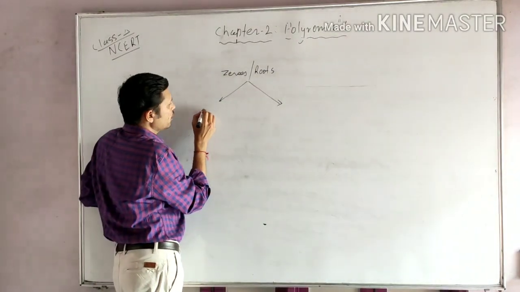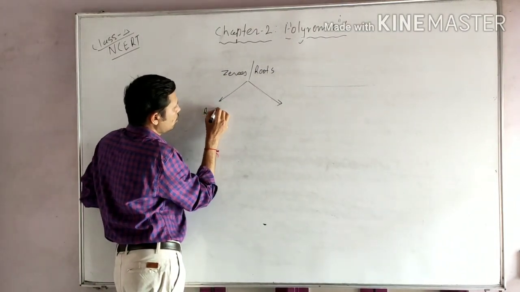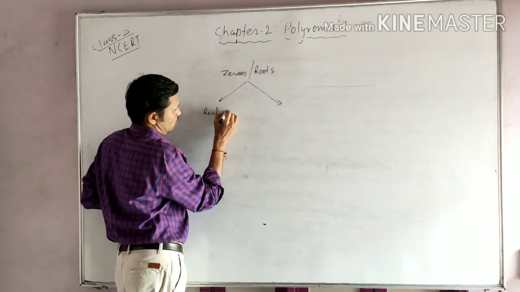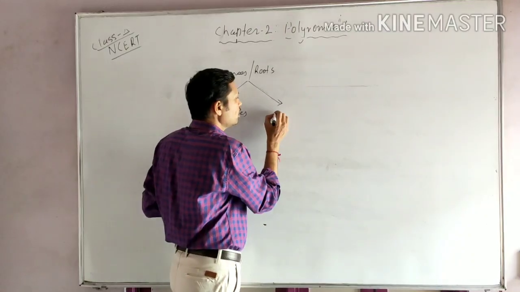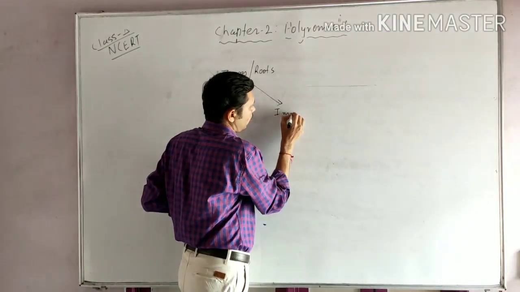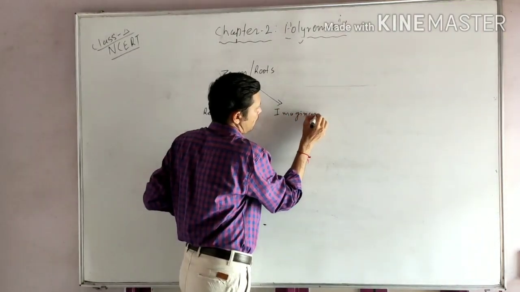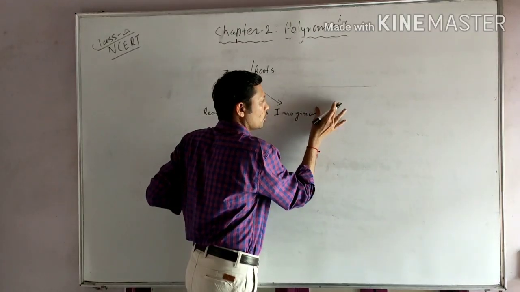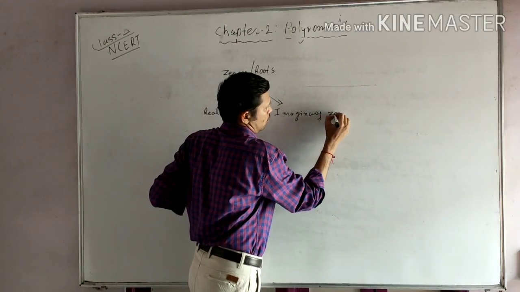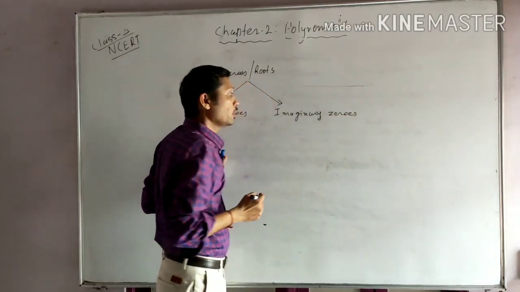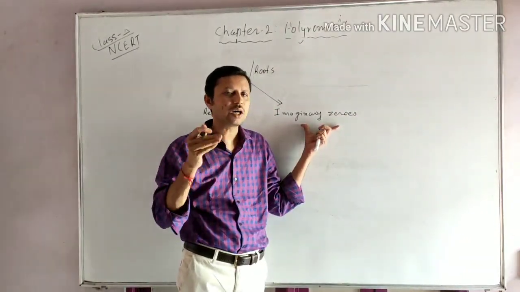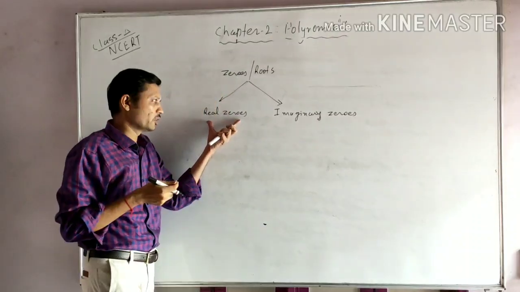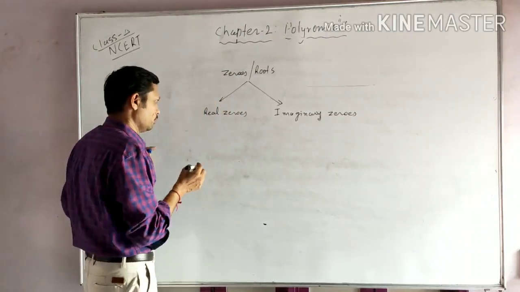One is the real zeros possible, and imaginary zeros also possible, but this portion comes in the higher class, right? So our syllabus restricted to the real zeros only.